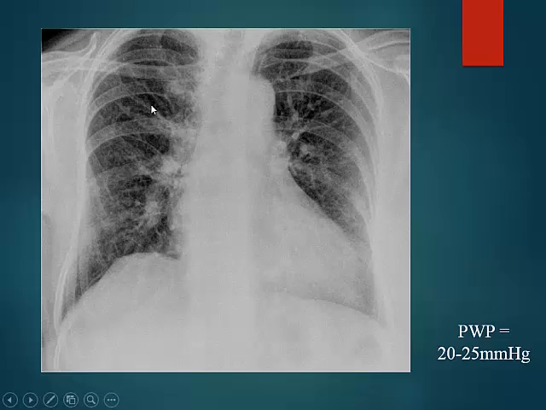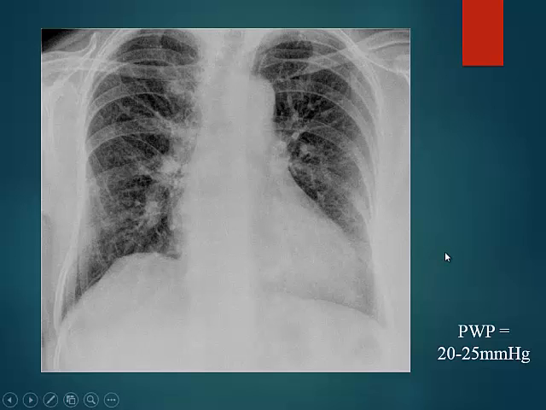They're blurred, and that happens when pressures go up slightly more, and the plasma from the pulmonary veins goes around in the interstitial or perivascular space. Okay, perivascular cuffing, it's also called peribronchovascular cuffing. So this stage is more advanced than the upper lobe diversion, but it's just before pulmonary edema. Okay, an intermediate stage.